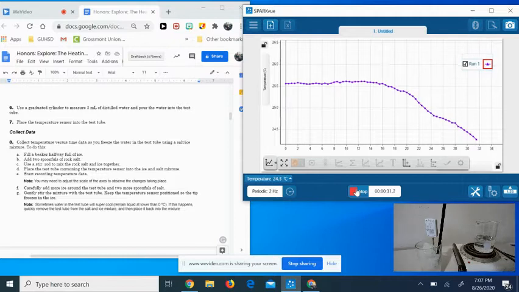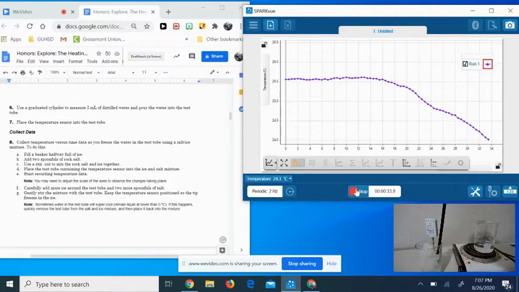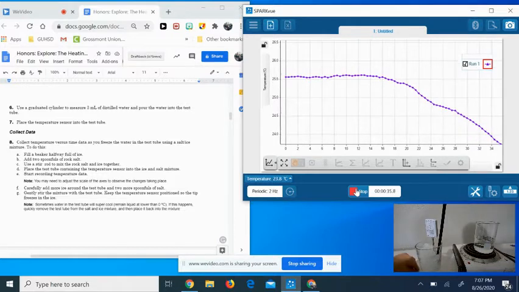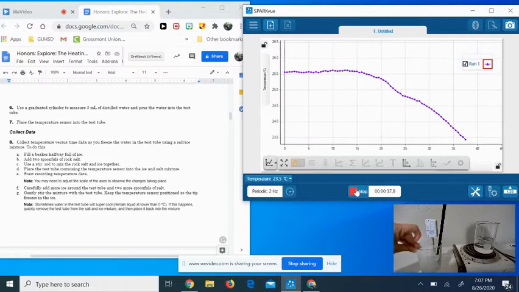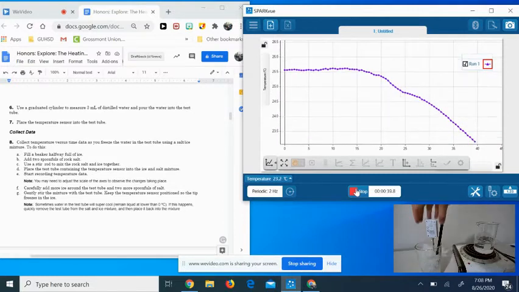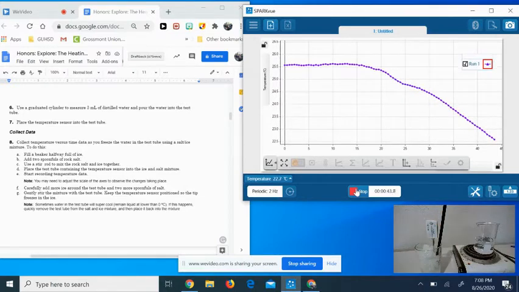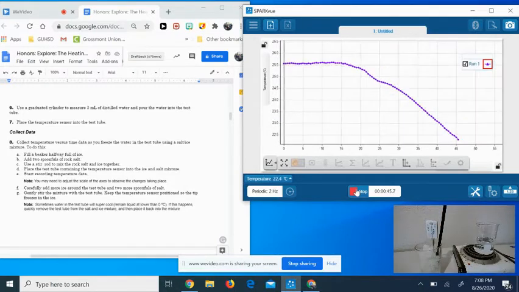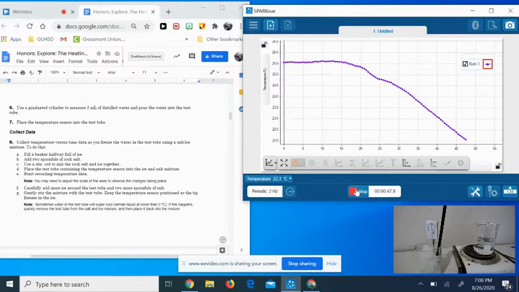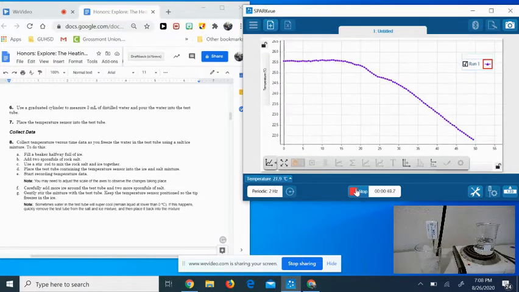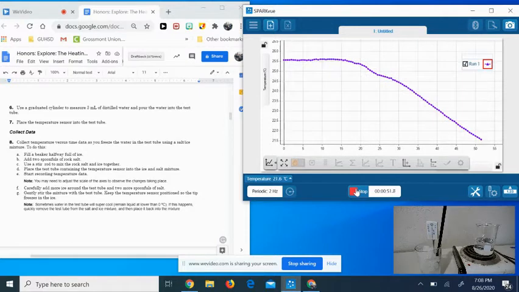And if you've ever touched ice and salt, I don't necessarily recommend it, but if you've ever touched ice and salt, you know that that's super cold. So this little device right here, it's just recording. It's recording my temperature. So if you look on the right side of my screen, you can see what's happening to that temperature. And I'm just going to let it run while I read off the procedures for you.